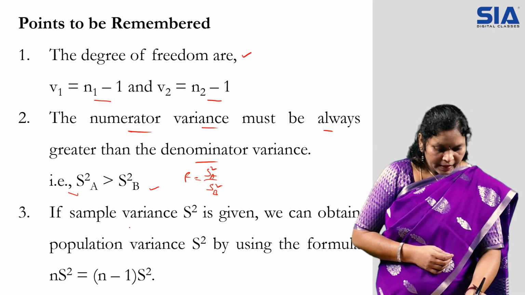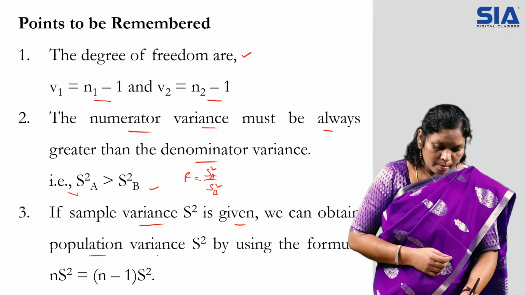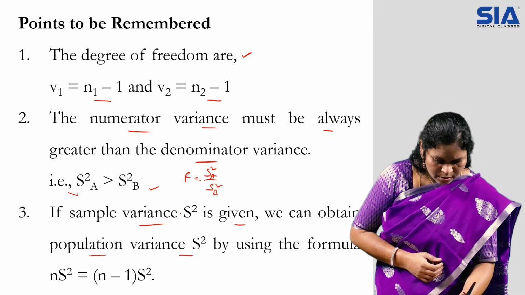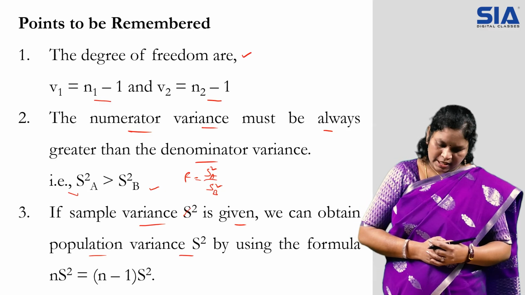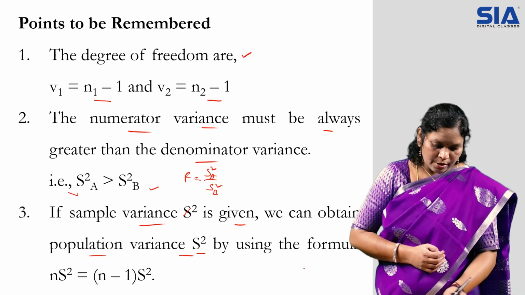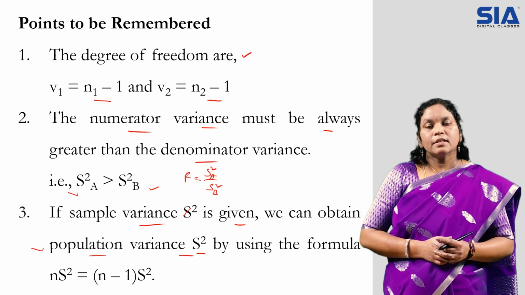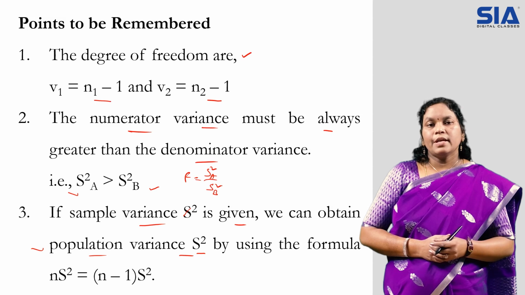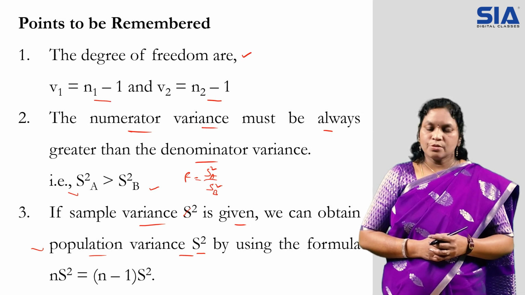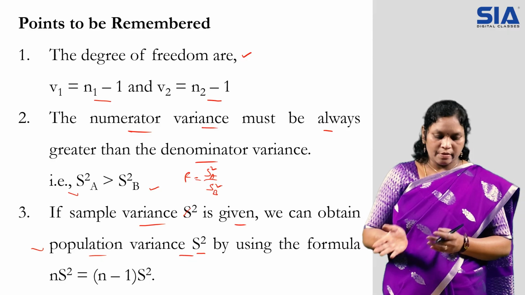Now one more point. The third point: if the sample variance small s square is given, we can obtain the population variance capital S square using a formula. Sometimes in the data they give sample variances, or sometimes population variances. If it is population variance, we can go on as usual. If sample variances are given, we can convert the data.